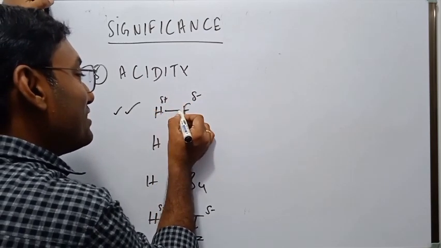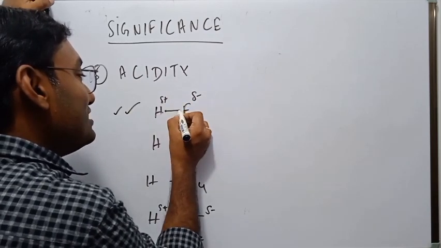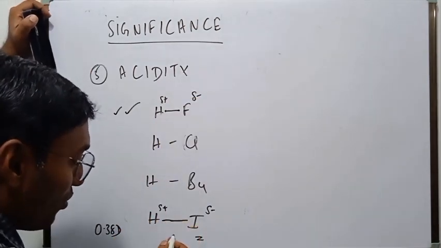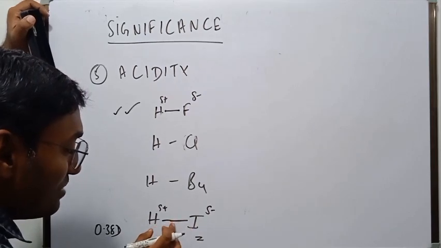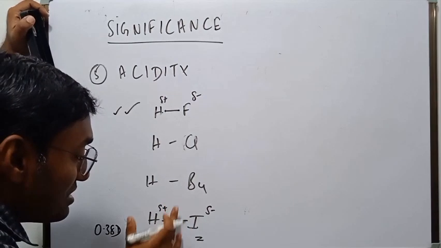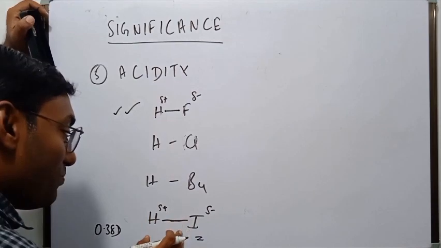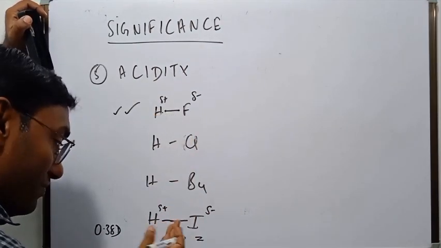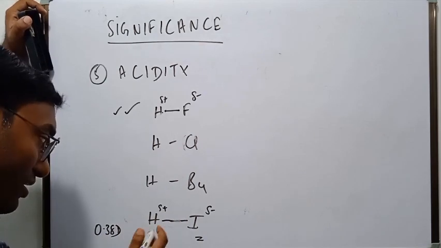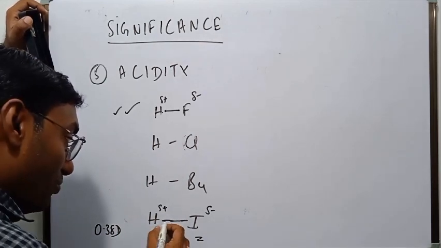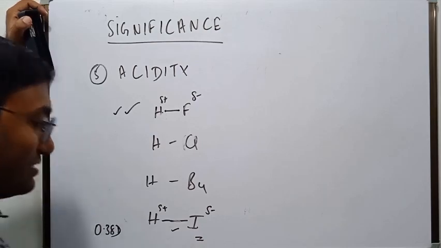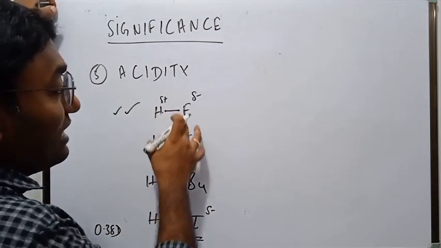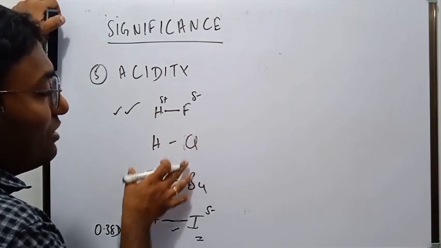They are polar of course, but dissociation is hard. Here the bond length is more, which means it can be easily broken. The energy of the bond is less. Even though the polarity is less compared to HF, this can be broken very easily. So it's not that polarity determines acidity, it is the bond length that determines acidity.